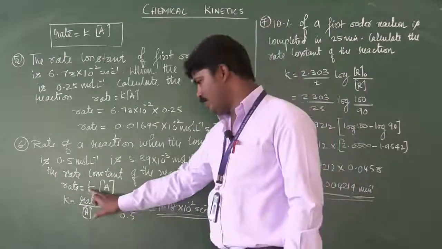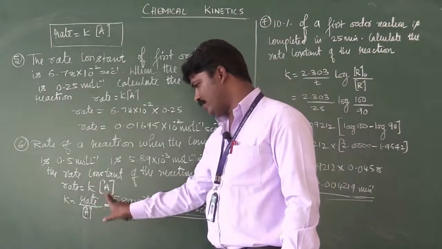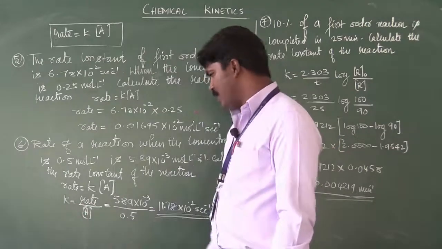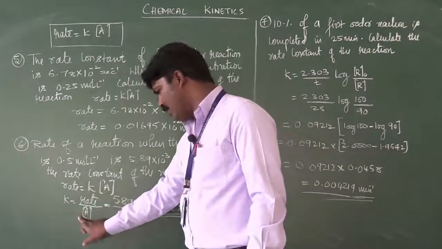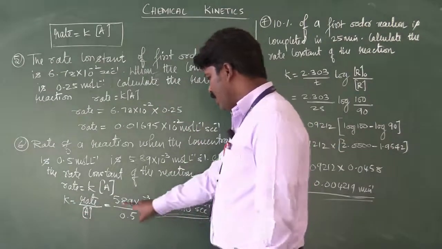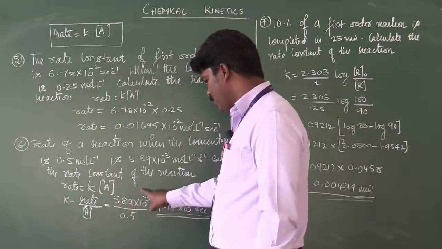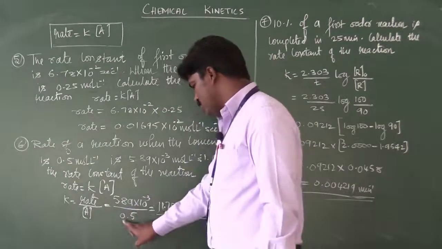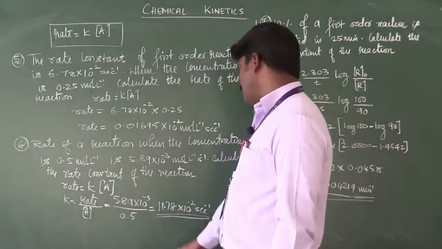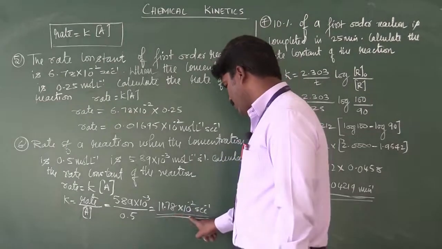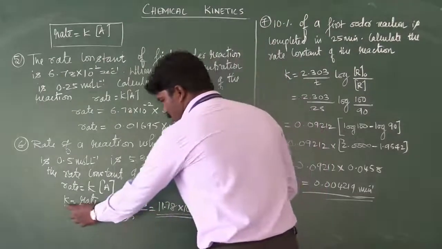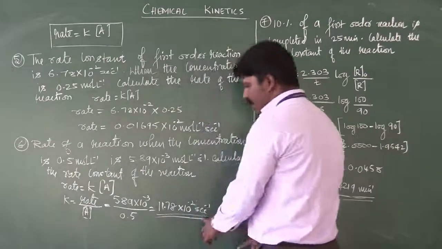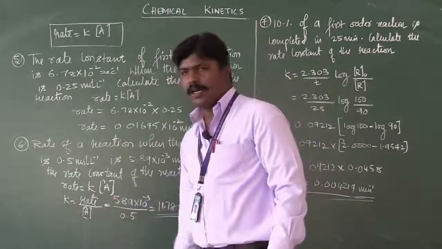So rate is equal to K into the molar concentration of A. Now rearrange the formula. K is equal to rate by molar concentration of A. Rate is 5.89 into 10 to the power of -3, molar concentration 0.5. The value becomes 11.78 into 10 to the power of -3 per second. So the rate constant is always expressed per second. It is a first order reaction.